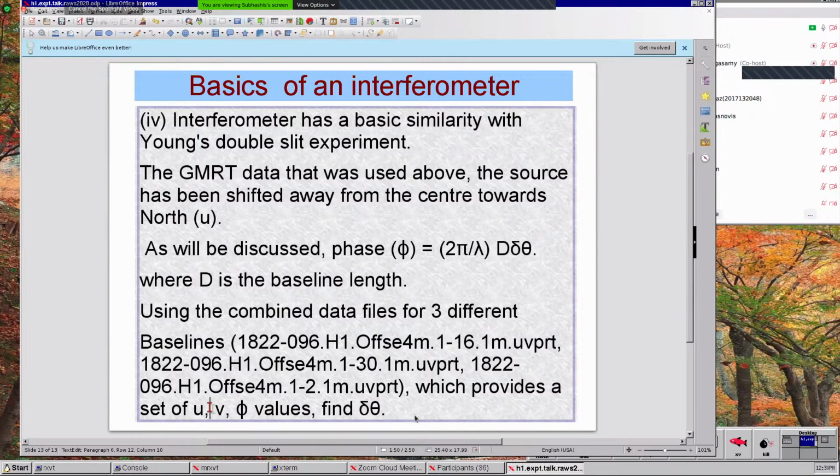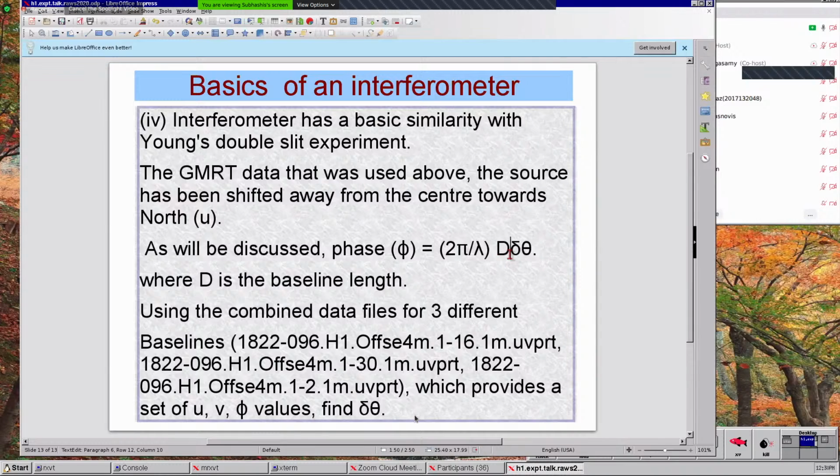This phase will change. If the source is at the phase center, it can be shown that the phase of each will go to zero. If the source is not at the phase center but is offset at an angular offset delta theta, it can be shown that the equivalent interferometric phase will change as 2 pi by lambda into d, the baseline length, into delta theta.